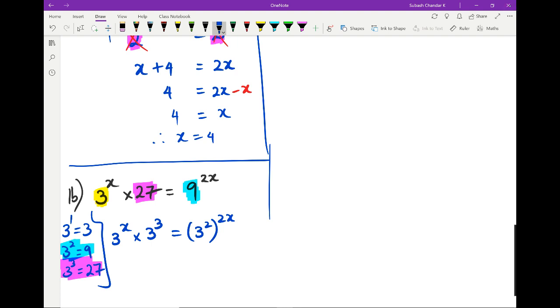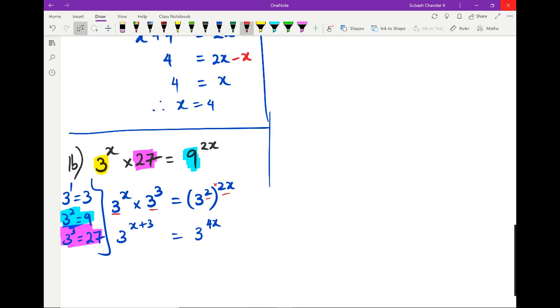And so exactly what we did last time. Because in this case the 2 bases are the same, I'm going to add the powers. So that's going to be 3 to the power of x plus 3 equals, and then, because it's powers of powers, I've got to multiply it. So I'm going to replace it with 3 to the power of 4x.